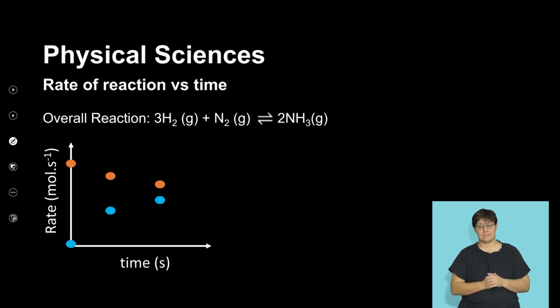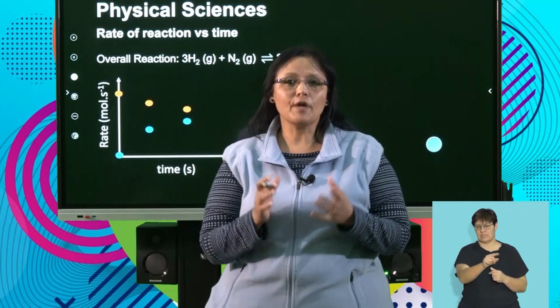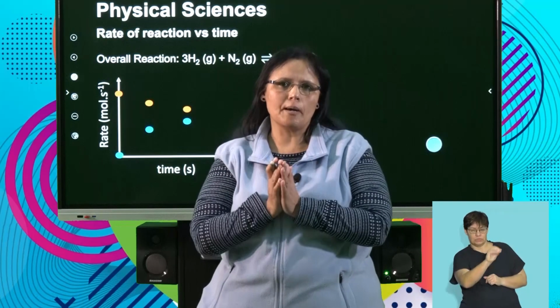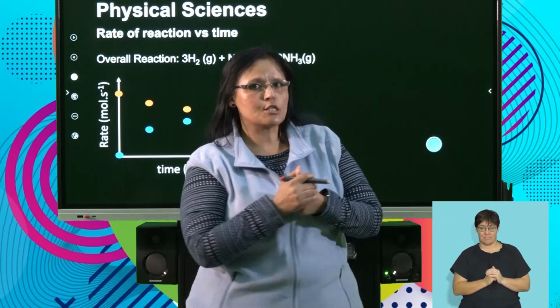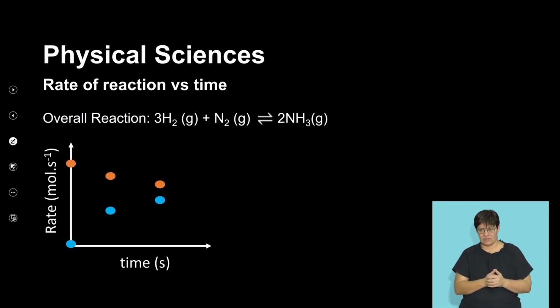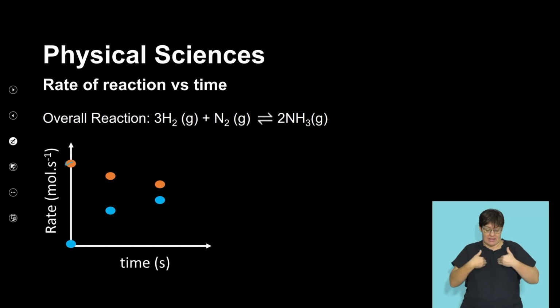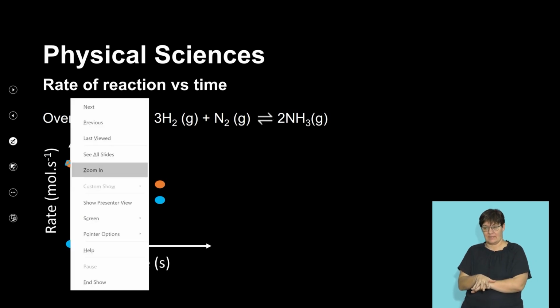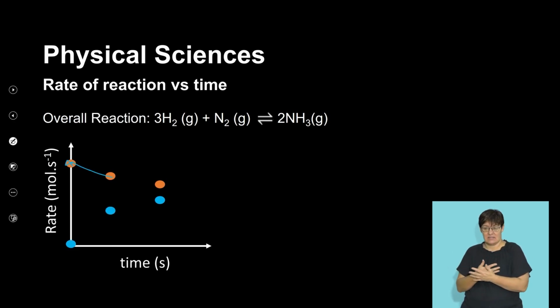That brings us to the graph. Now I want you to see what we've done on the graph. I've now plotted the points over time. So I'm just going to explain again. What happened to the rate here is at the beginning we had loads of nitrogen and hydrogen that started to convert fast into our ammonia.